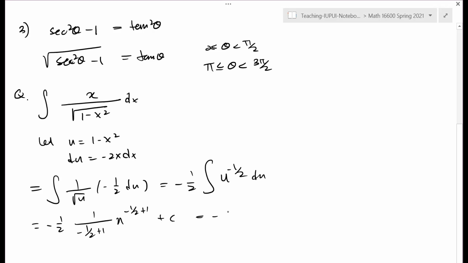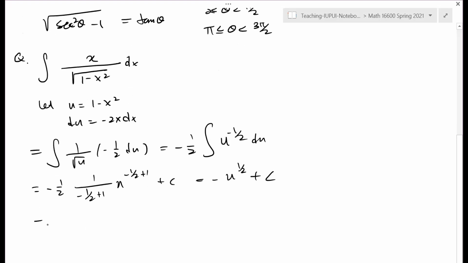Finally, I get negative u to the 1/2 plus constant. When you differentiate, you will get the same. Then you replace u by 1 minus x squared: negative square root of 1 minus x squared plus constant.